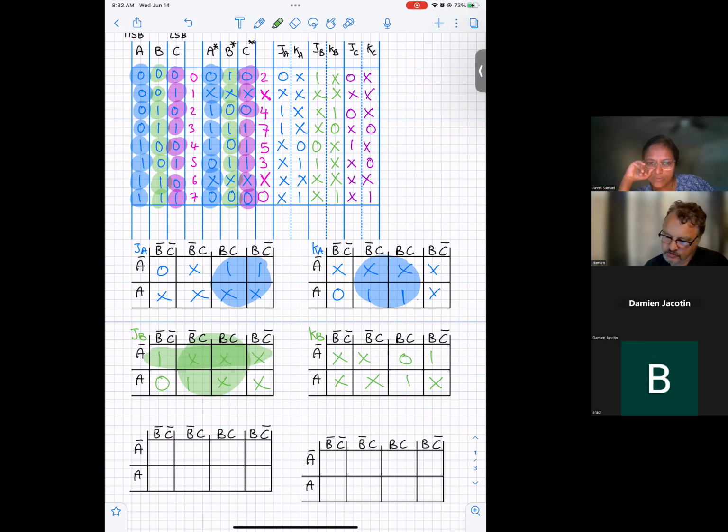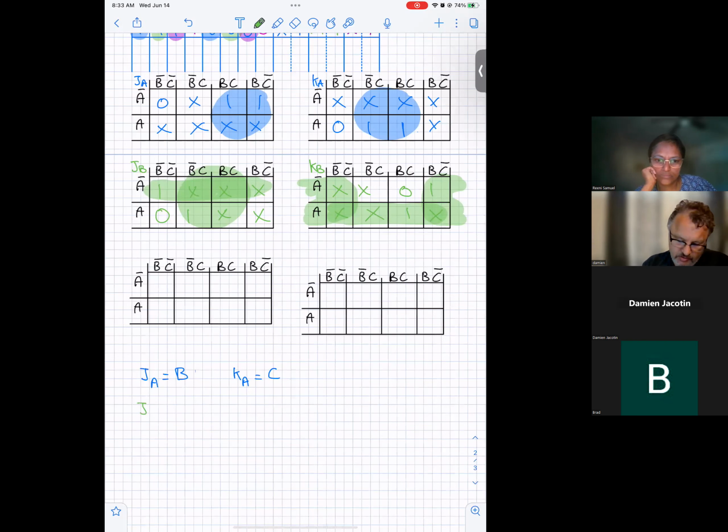And for KB, we're going to have this big group right here, or this group right here that wraps around. That means that JB will be A naught or C, and KB will be A or C naught.